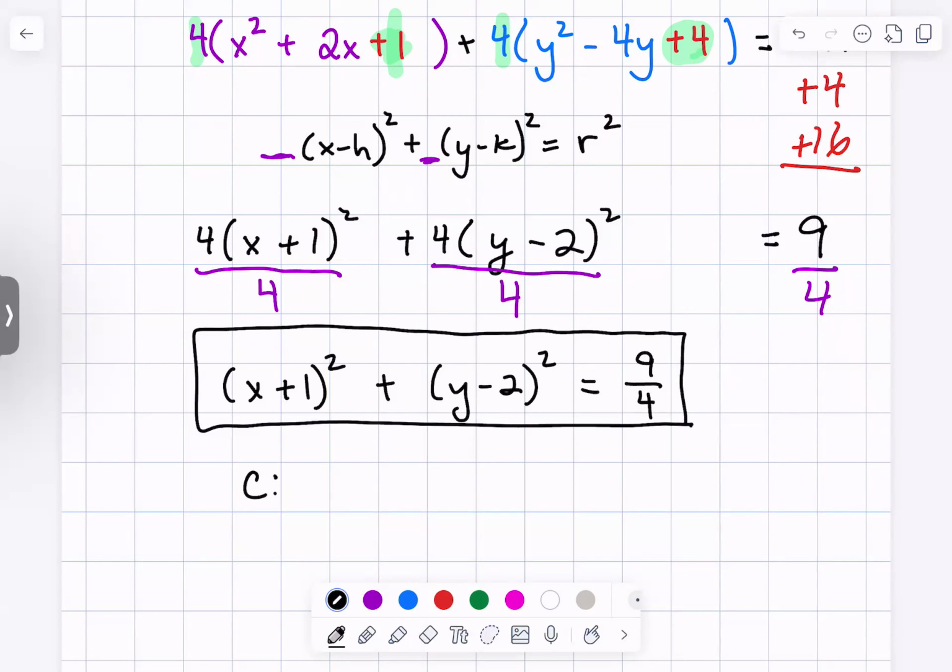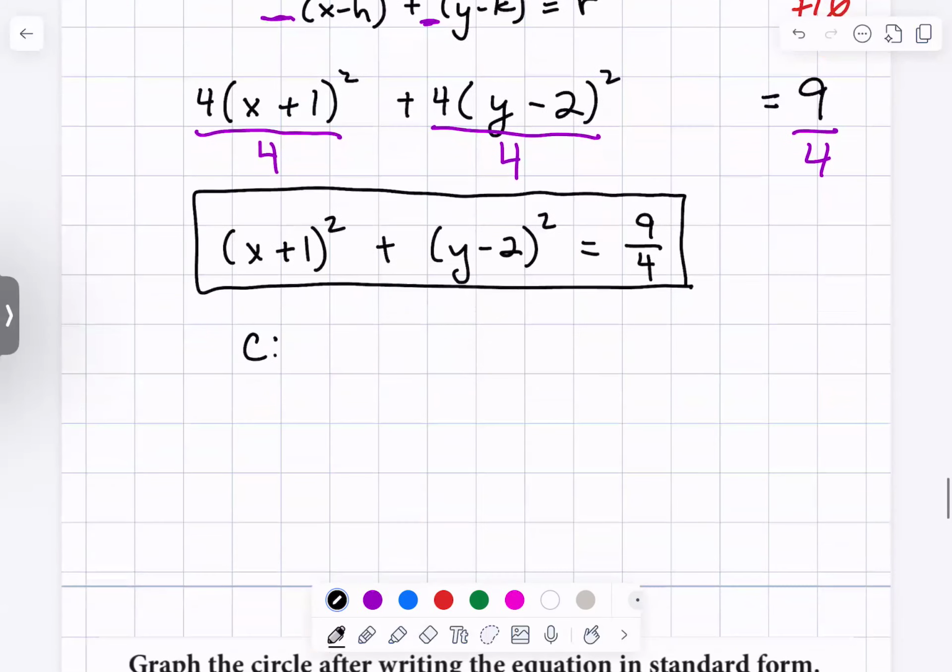What is my center here? Negative 1, comma 2. And what's my radius here? 3/2. Do we all understand that it's 3 over 2 and not 9 over 4? Okay?